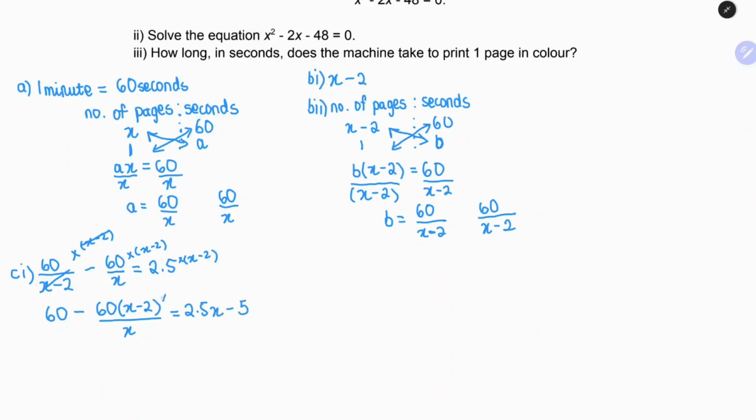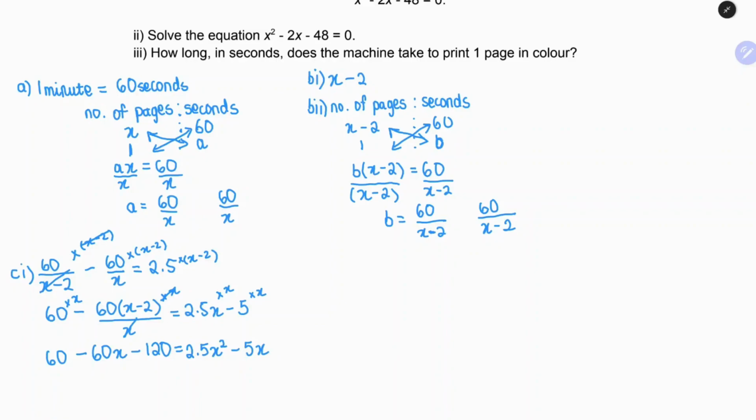And then we're gonna times x here, times x, times x, of which we're gonna have 60 minus this x would cancel this x. So 60x minus 120 is equals to 2.5x squared minus 5x.